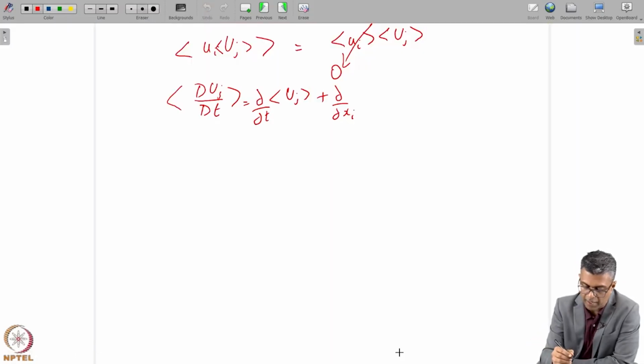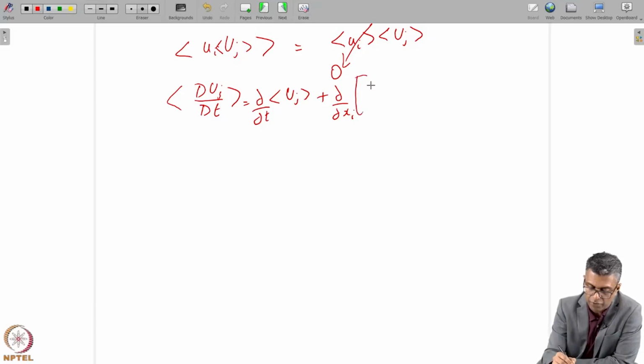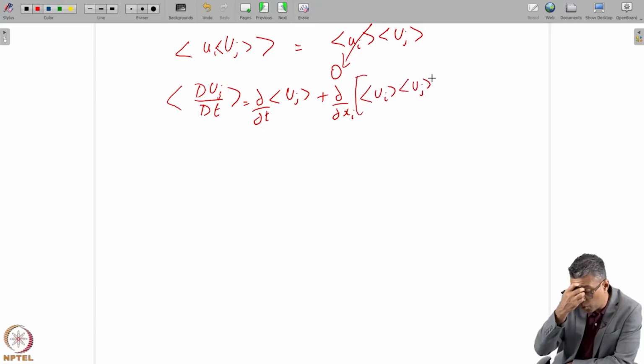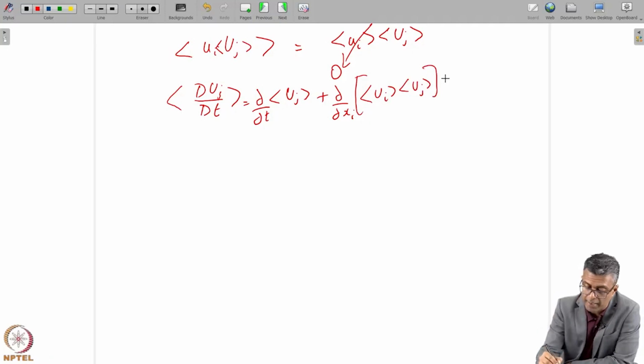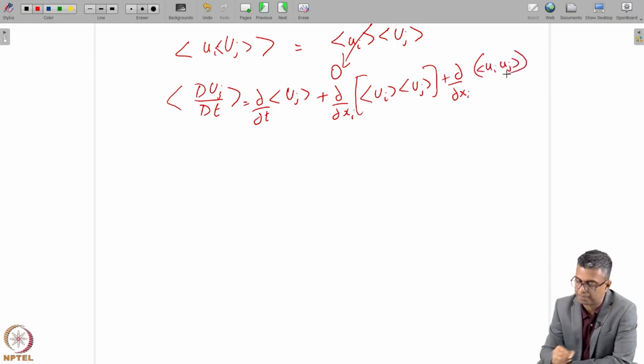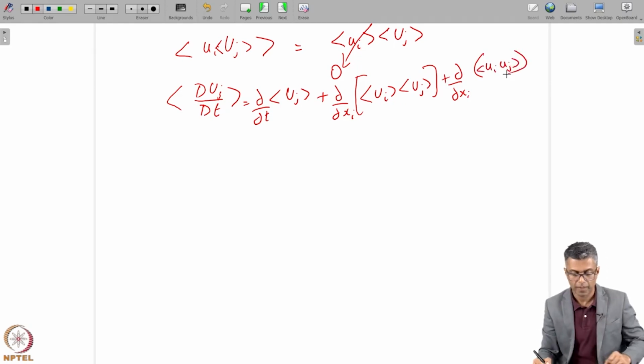What I end up having is del xi of ui mean uj mean, and then also del xi of the Reynolds stresses, the mean of ui uj. This is what I have.